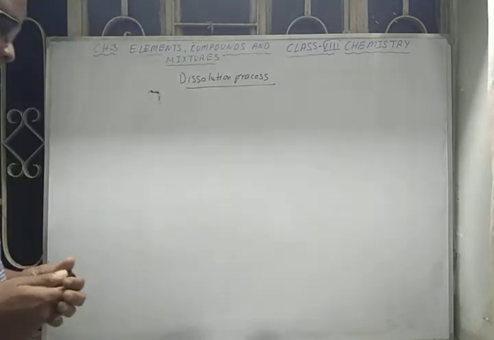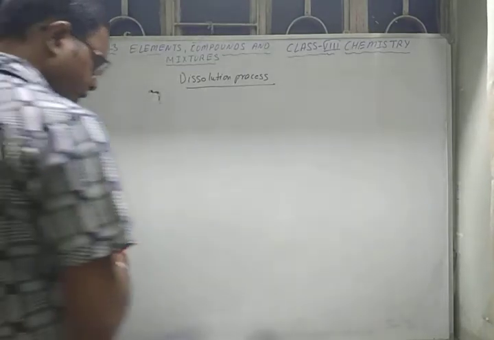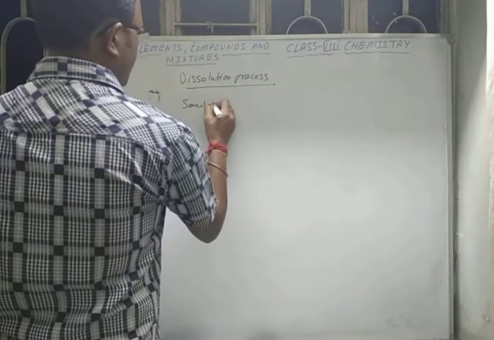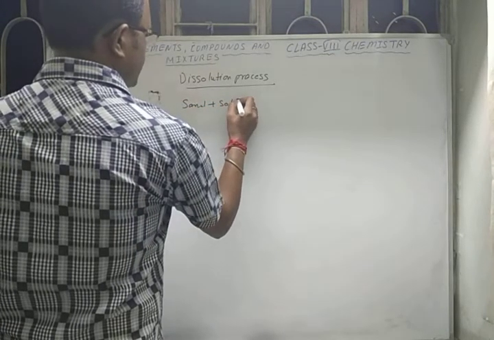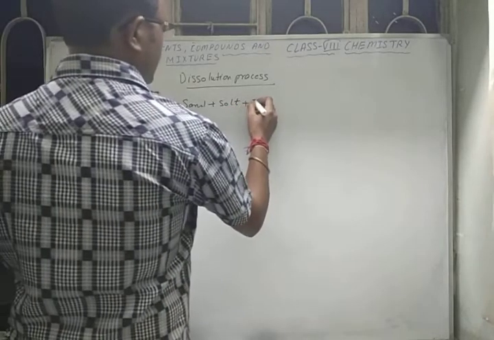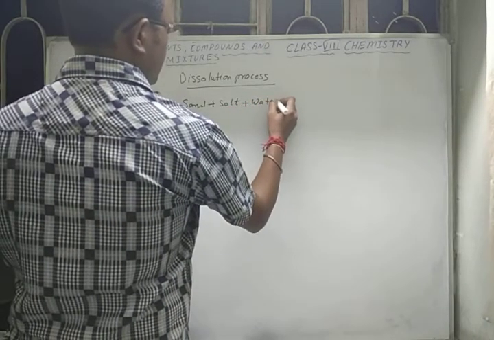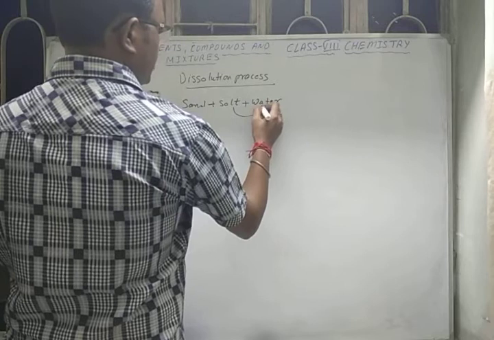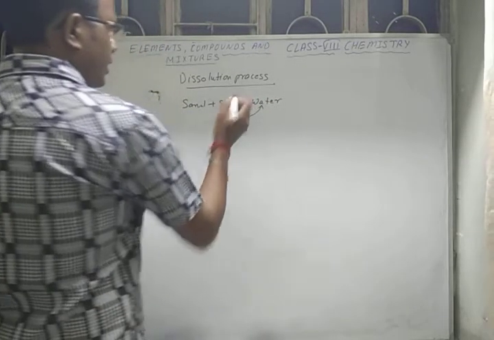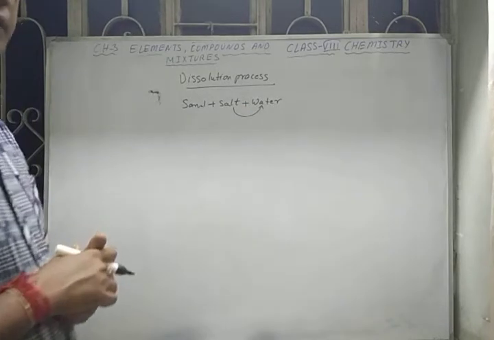Suppose you take a very common example, sand and salt. If you take a mixture of sand and salt and mix water with it, the salt will dissolve in the water.